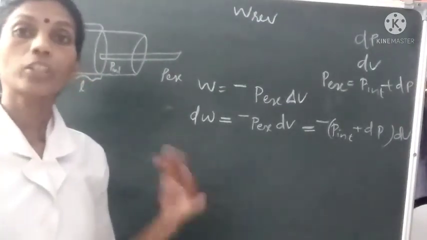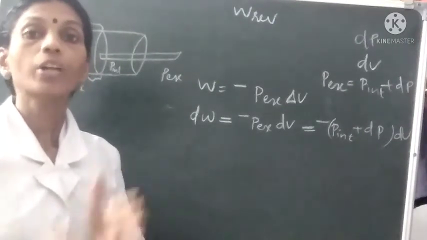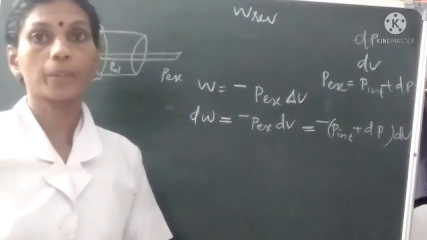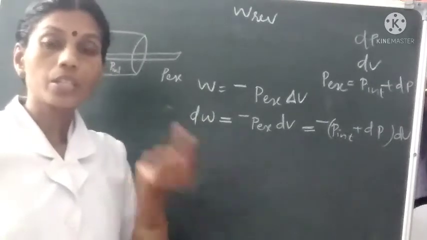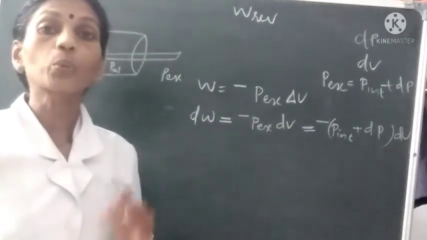To find out the total work done during the whole process, we have to use another mathematical operation that is known as integration. So this is the small work done in a small step. To get the total work done, we have to do integration.